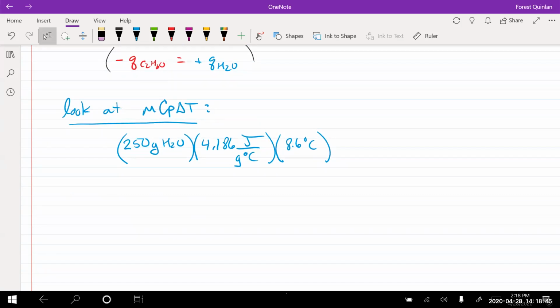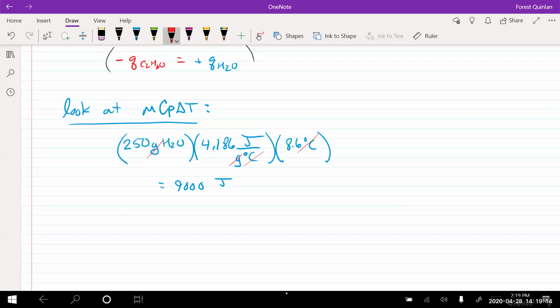I'm going to have to calculate that. 250 times 4.186 times 8.6 is equal to, I basically have 9,000 joules, because our Celsius cancel and our grams cancel. That's how much energy was there.